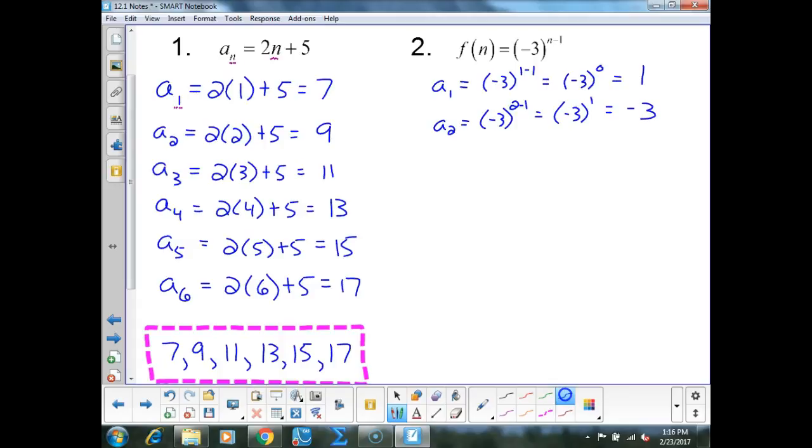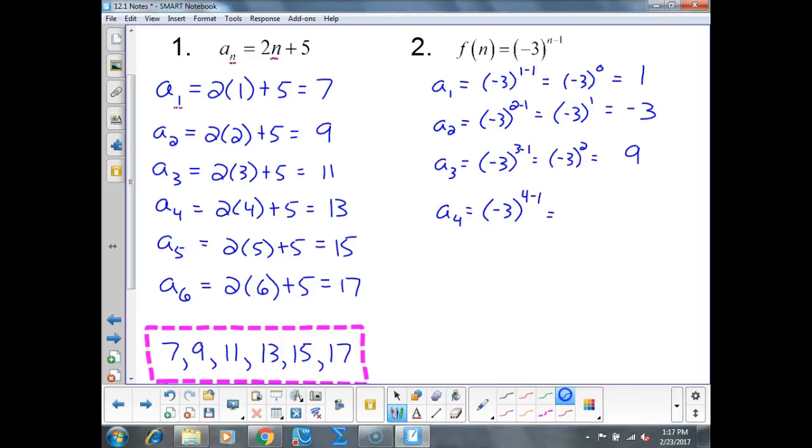My second term is negative 3. My third term is positive 9. My fourth term is negative 27.